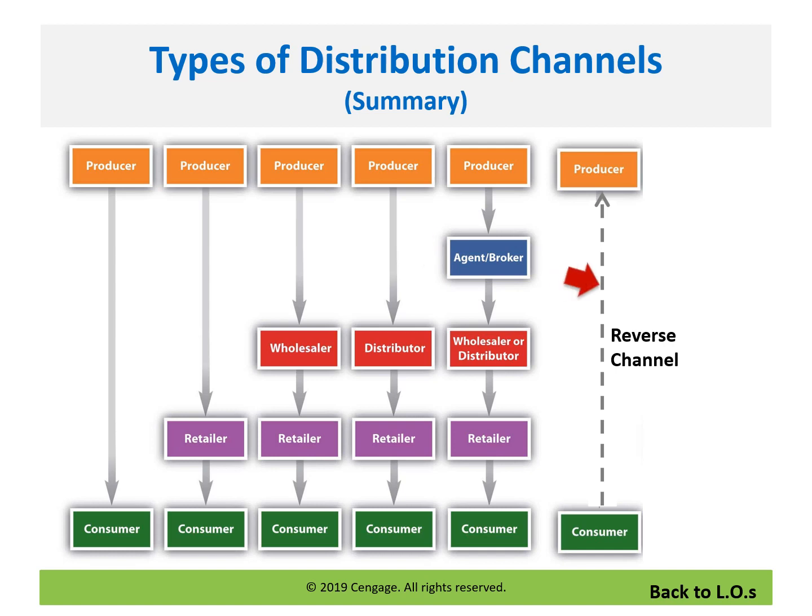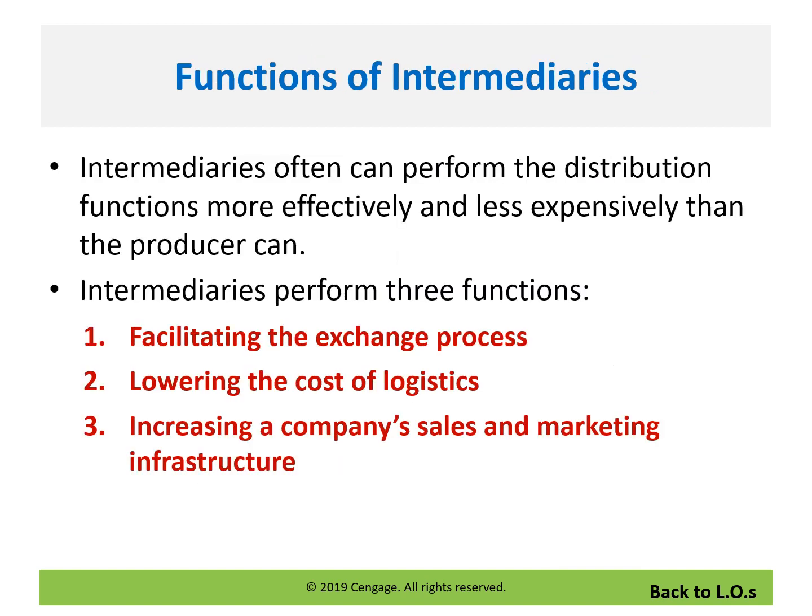The fourth type of distribution channel is the reverse channel, where consumers can return the goods or part of the goods back to the producer either for reprocess, reuse, recycle, or sometimes for product recall or repairs. Functions of intermediaries.